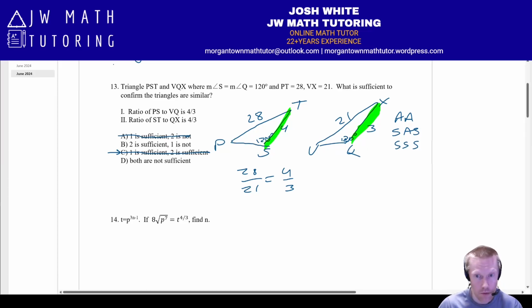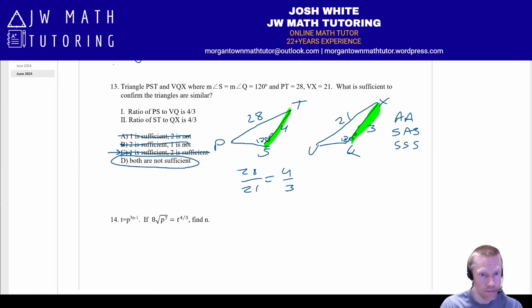I have one pair of congruent angles and I have two pairs of proportional sides, but the angle is not included. The angle is not between them, so we cannot use SAS again, and there is no SSA for similarity. Therefore, this is incorrect. The correct answer for this is D. Okay? Neither one on its own is sufficient to prove similarity between these two triangles.